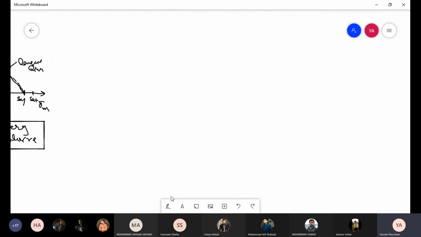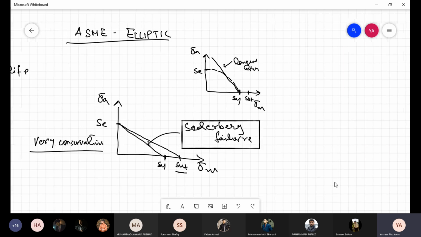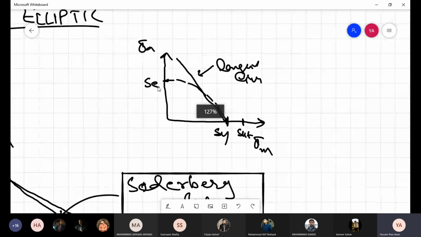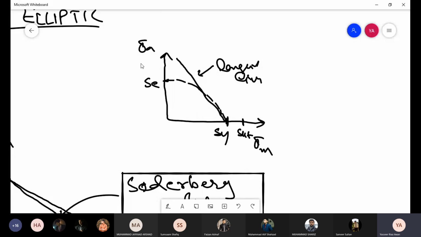Okay. So should I explain the second one again, the elliptic one? The second, ASME elliptic, connects the endurance limit with the yield strength through an ellipse, not SE and SUT. The Gerber criterion and modified Goodman criterion both use SE and SUT as the limits, one through a line, the other through a parabola.